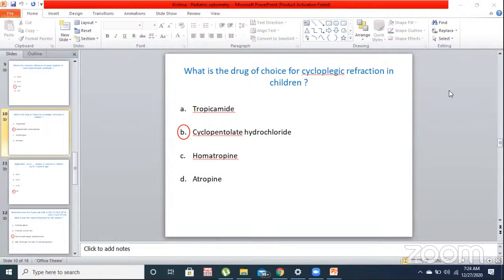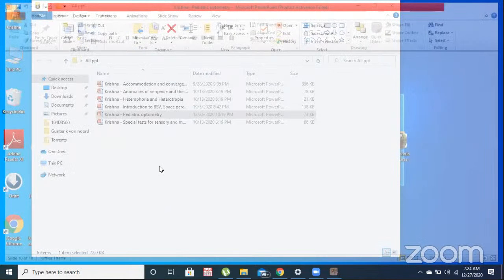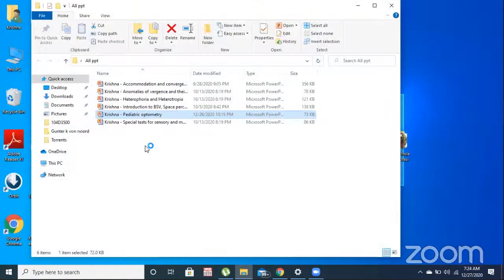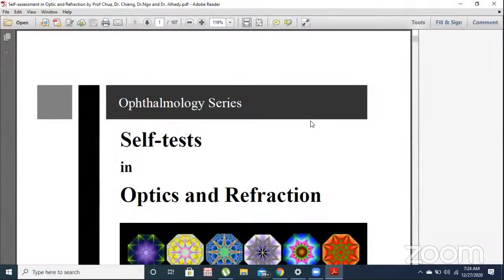There is one thing. You can see my slide, right? I'm giving you one thing. Have you seen these kinds of MCQs in optics and refraction?